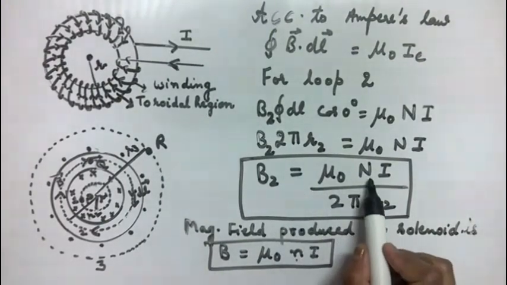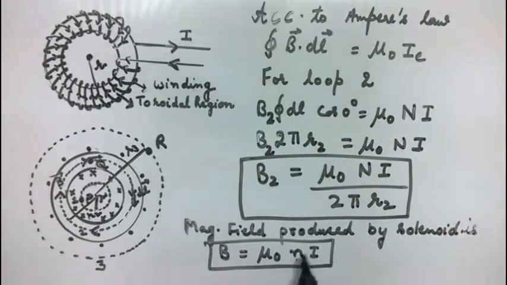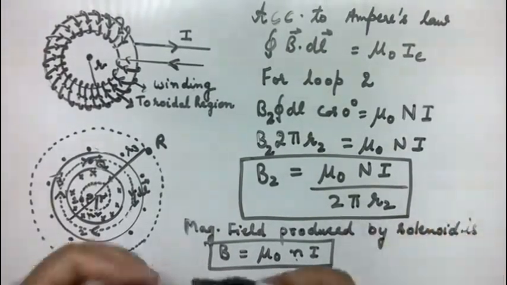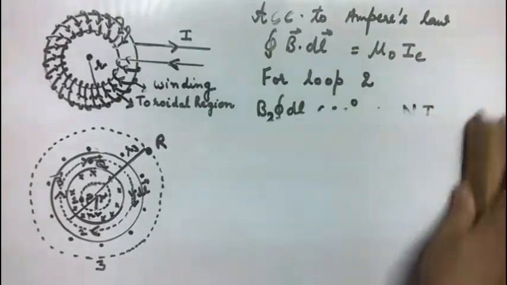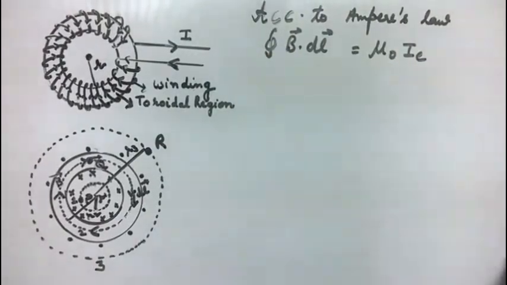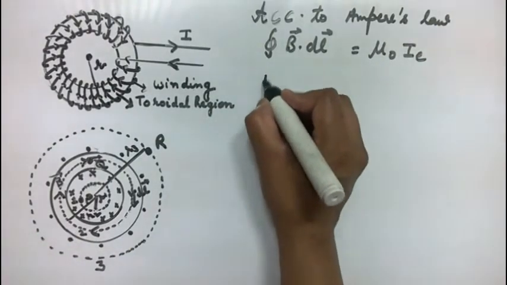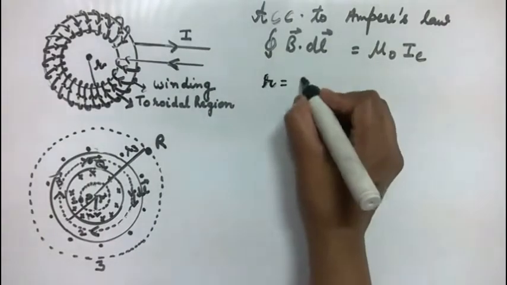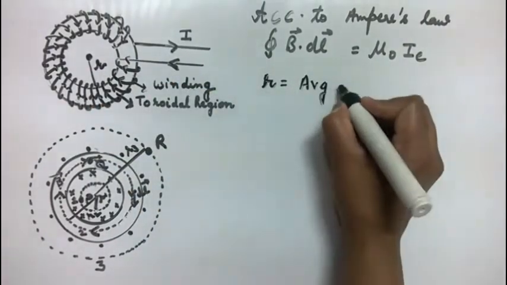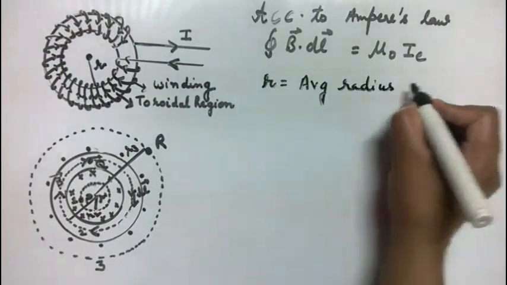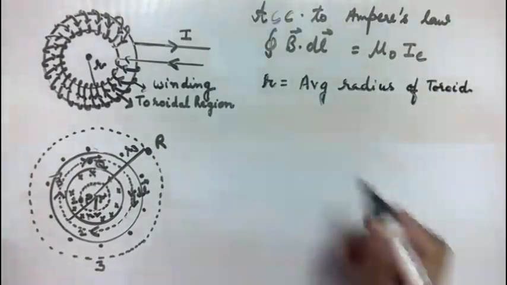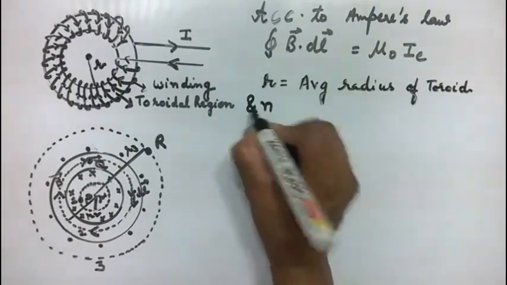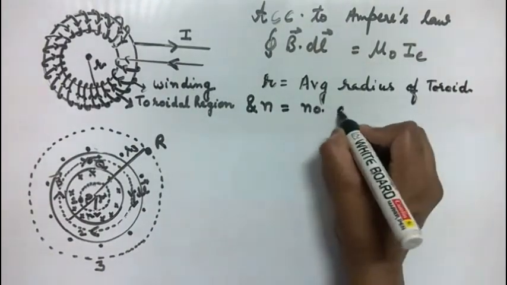Let us suppose R is the average radius of a toroid and n is the number of turns per unit length.